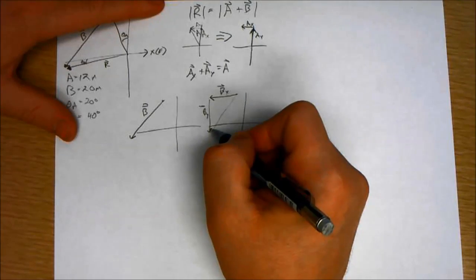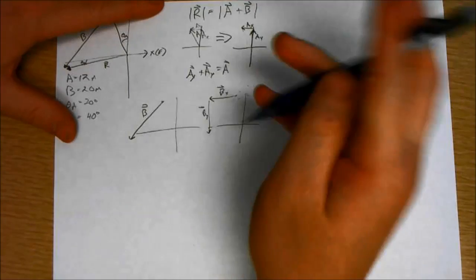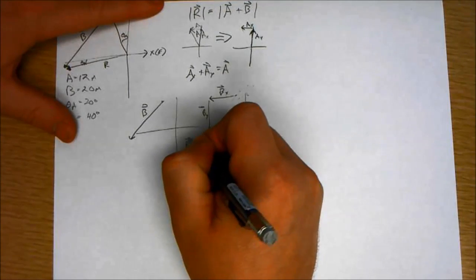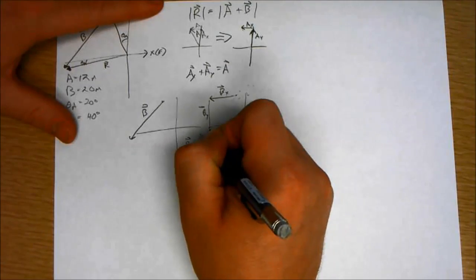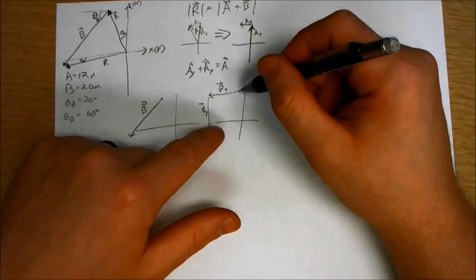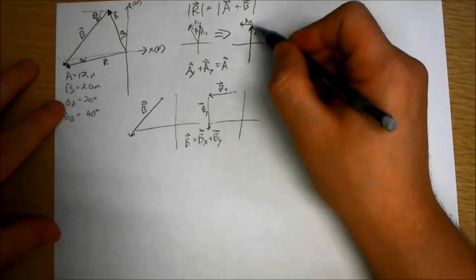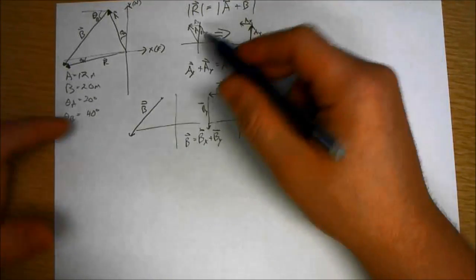When you add BX and BY, you get B. But if I put them in horizontal and vertical components, I can add BX and AX, and I can add BY and AY. They're in the same direction. So if I can add the two components, I can add the two overall vectors.